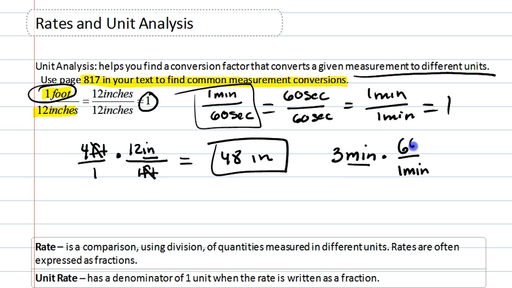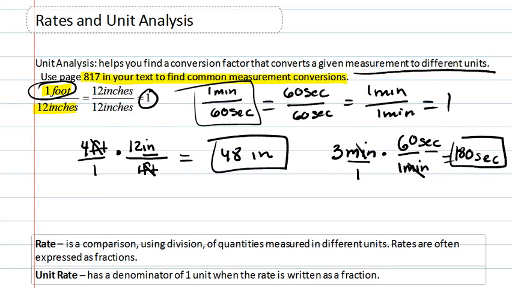On the top, I'm going to put what I want to convert it to. Again, minutes cancel out, and I'm going to be left with seconds. 60 times 3 would give me 180 seconds as my answer. So this is the basic way you use a conversion factor.